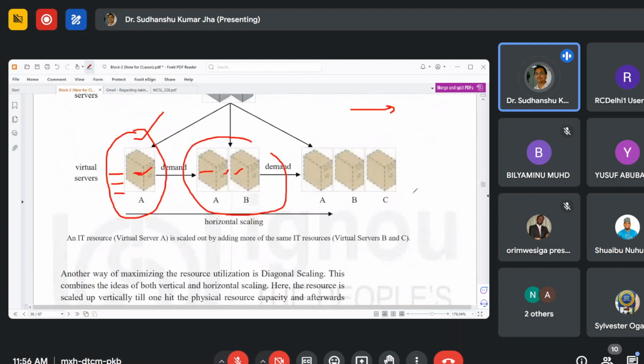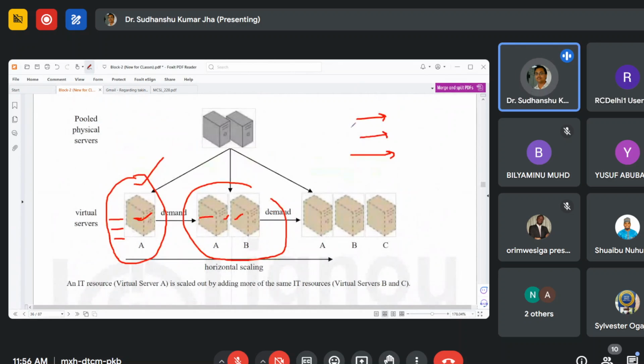Whereas in horizontal scaling, you are increasing multiple resources at a time. One server is there, now you require two servers, which means at the same time two times CPU, two times storage, two times memory required.